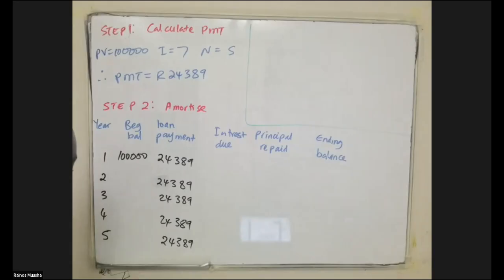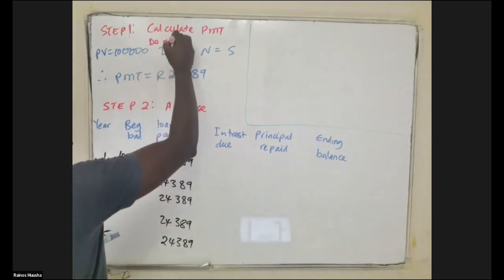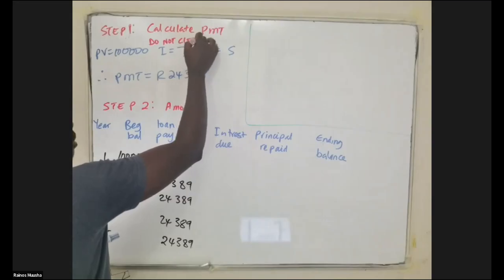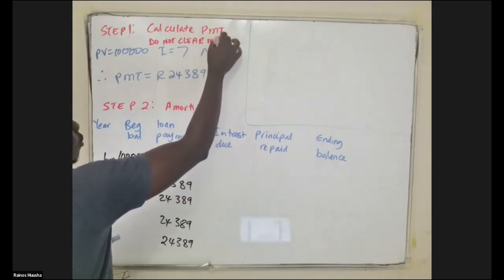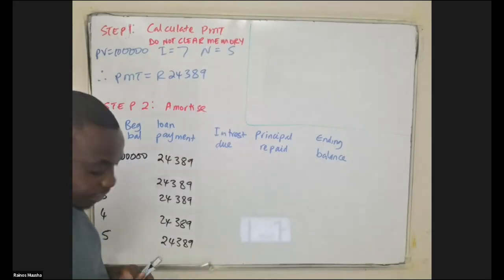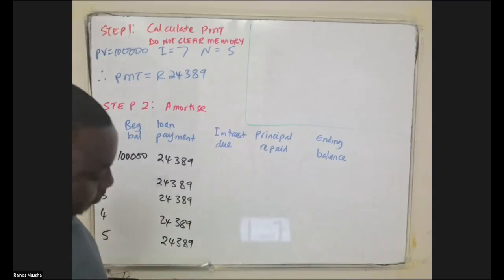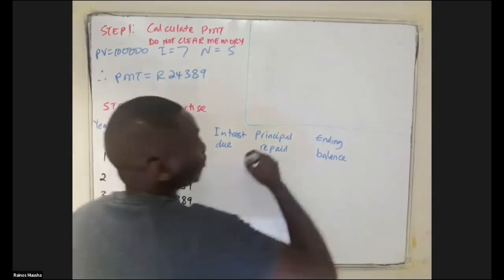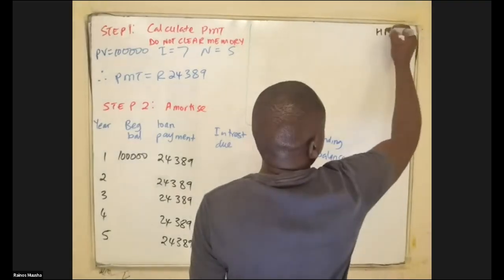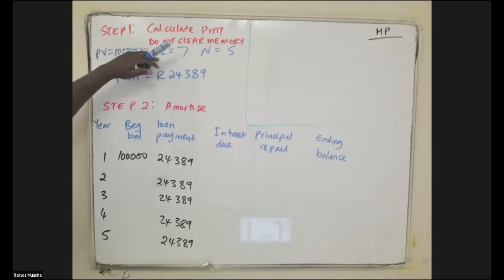So to see that breakdown, first, step number one, calculate your PMT and do not clear memory. Then, if you're using the HP calculator, remember you've calculated your PMT.